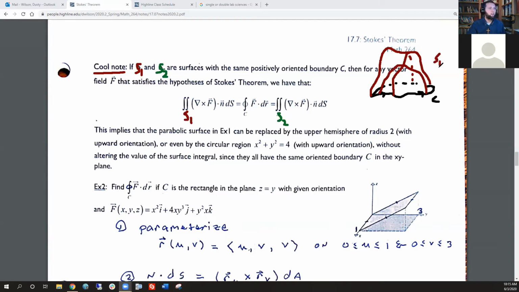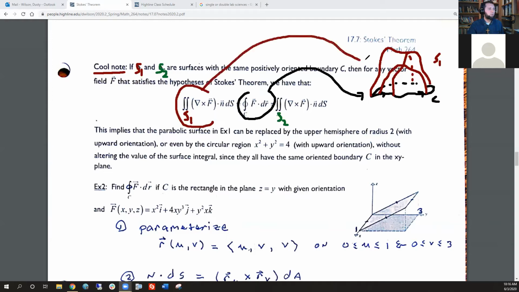So we're saying that the circulation around C would be equal to whatever you get from this double integral across S1, but would also be equal to what you'd get if you went across S2.